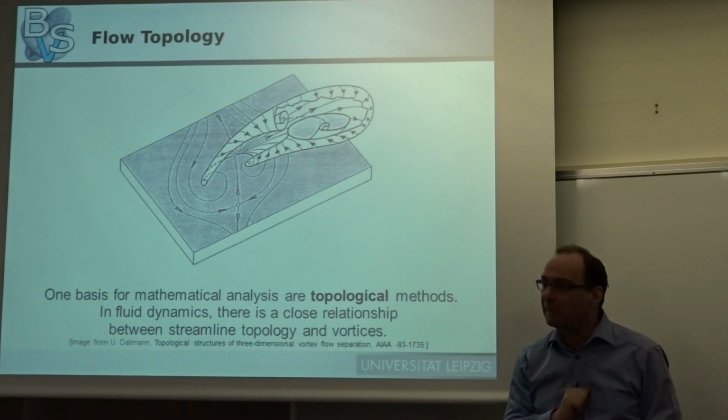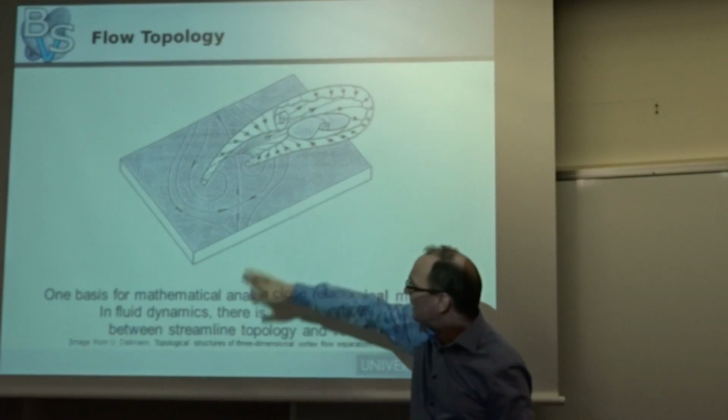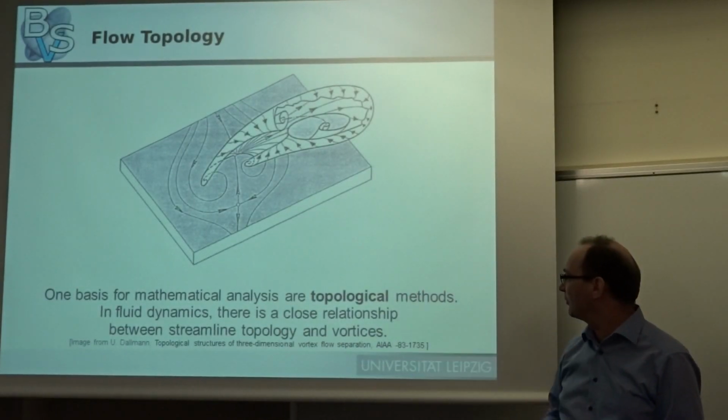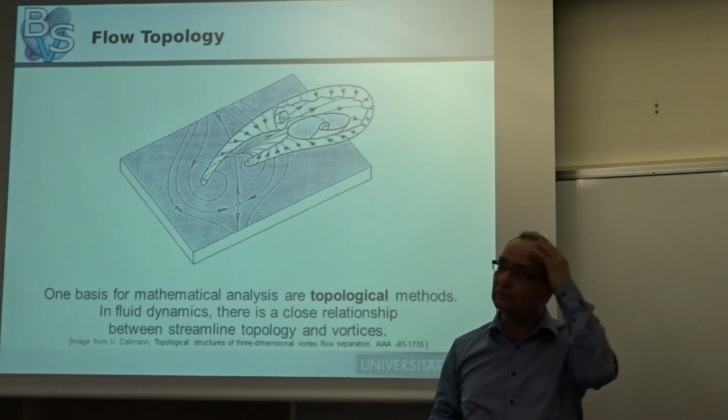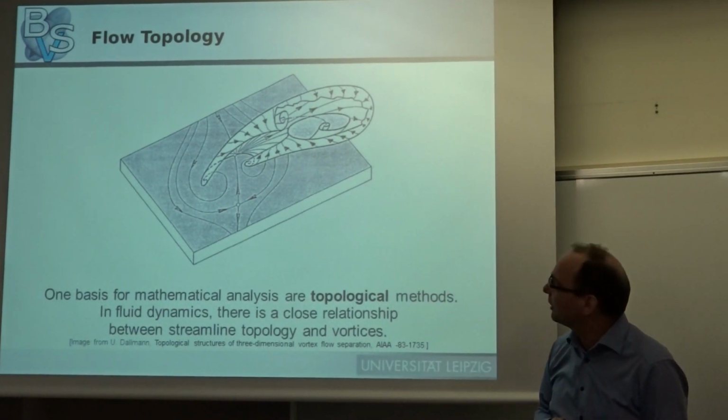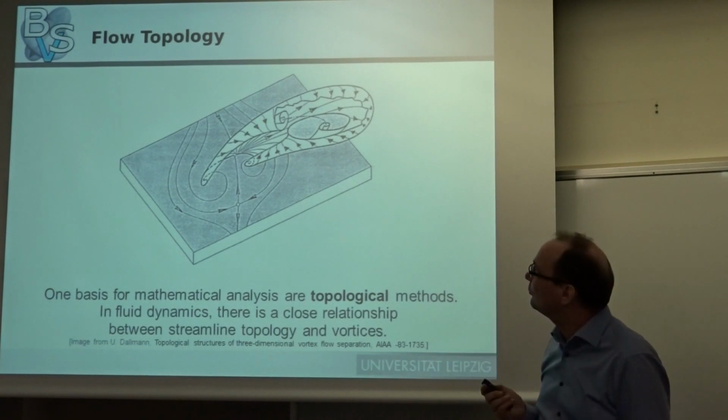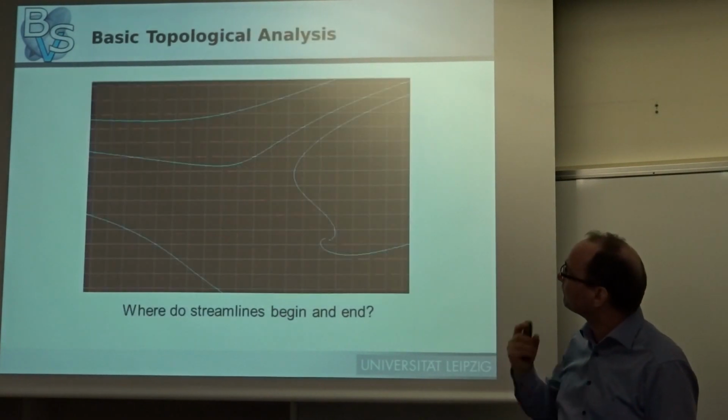So that's kind of the basic idea, and you see this is actually hand-drawn. It's a sketch, goes back to 83. So this is close to 30 to 40 years old.